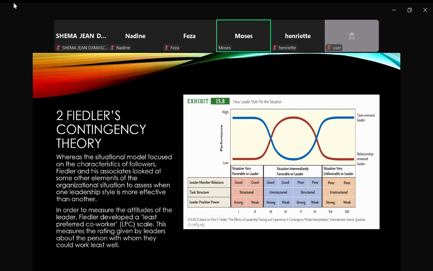It says that it is essentially important for you as a leader to understand when it is favorable for you to apply each of those leadership styles. And it depends on 3 factors: the leader-member relations, the task structure, and the leader position power.